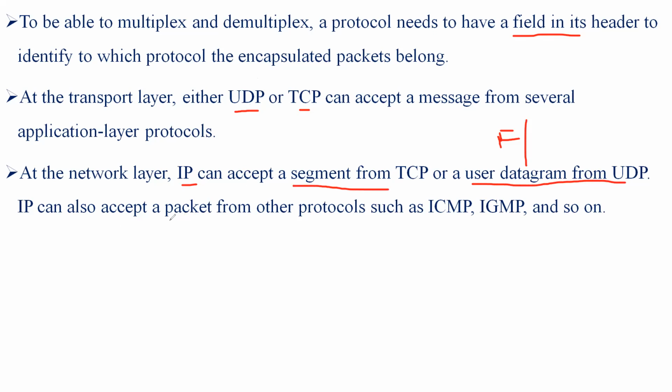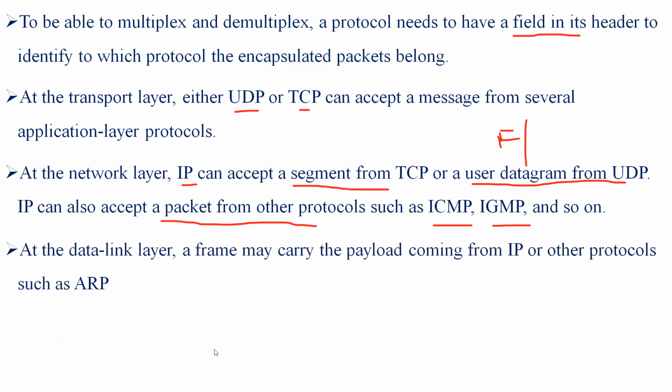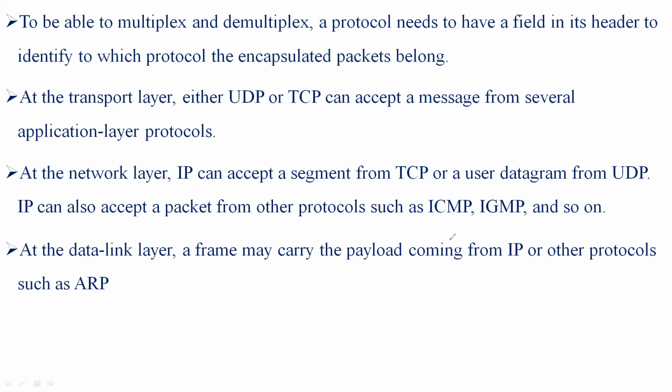It can also accept a packet from other protocols like ICMP and IGMP, the Internet Control Message Protocol and Internet Group Management Protocol. At the data link layer, a frame may carry a payload coming from the Internet Protocol or any other protocol like ARP. So this is about multiplexing and demultiplexing in the TCP/IP protocol suite.